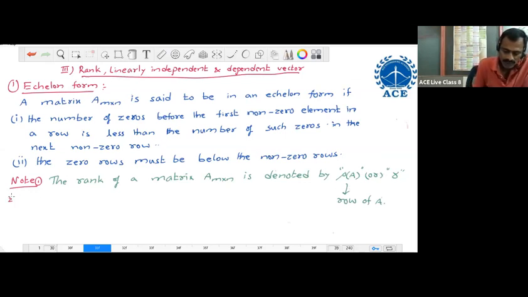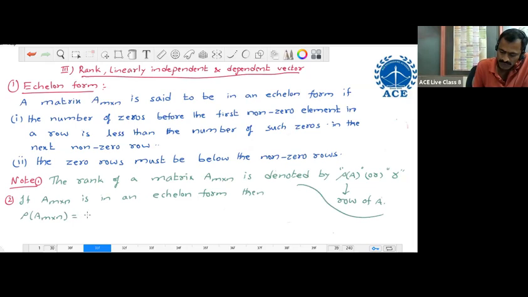Next, note point number 2. If A m cross n is in an echelon form, then row of A m cross n equal to number of non-zero rows in an echelon form.